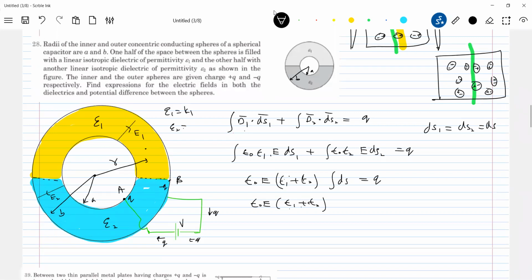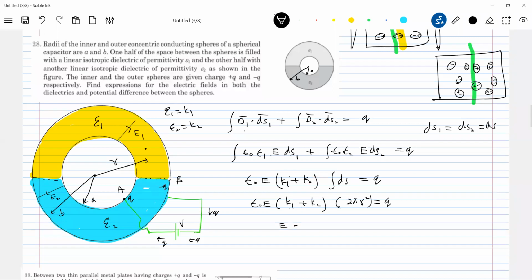I'll change the symbol so that it will be easy for us, and for me also. So integral of ds, what will we get? It should be equal to 2 pi r square.